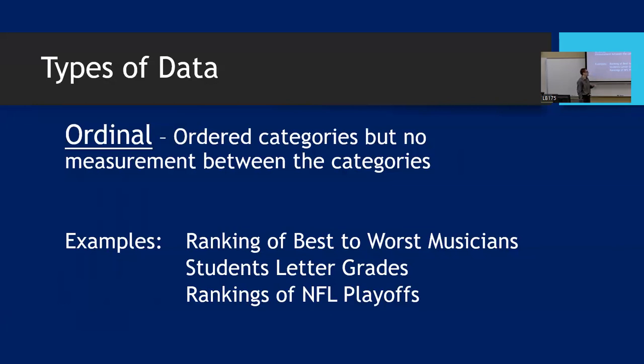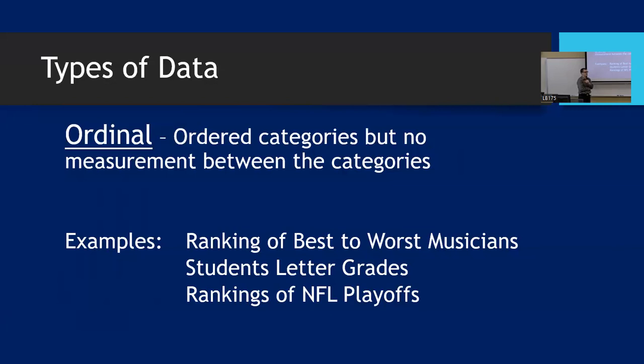The same thing with NFL playoffs. In the NFL playoffs, there's a ranking system. The top seed, then the second seed, and then the third seed, fourth seed. But between the top two seeds, there might be a huge gap in how many games they won.